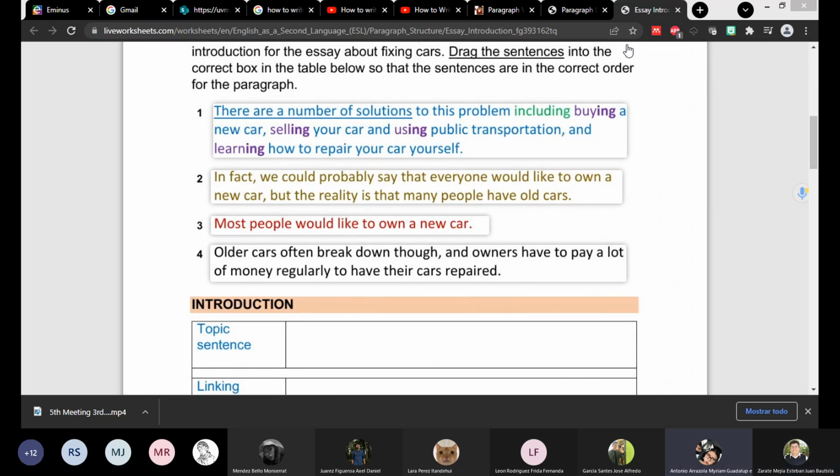There are a number of solutions to this problem, including buying a new car, selling your car, using public transportation, and learning how to repair your car yourself. All right, thank you so much. So, when we read this sentence, there is a specific phrase that called my attention.